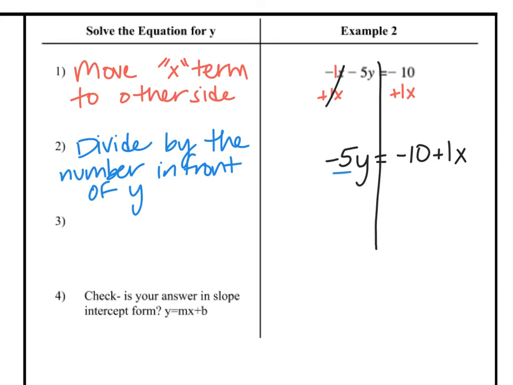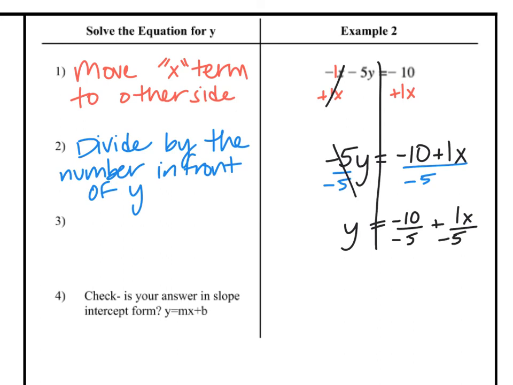It's being multiplied, so you will divide it. Remember, we divide everything by negative 5, cancels out, and you get y equals, and we're dividing both of these fractions, so negative 10 divided by negative 5, and 1x divided by negative 5.